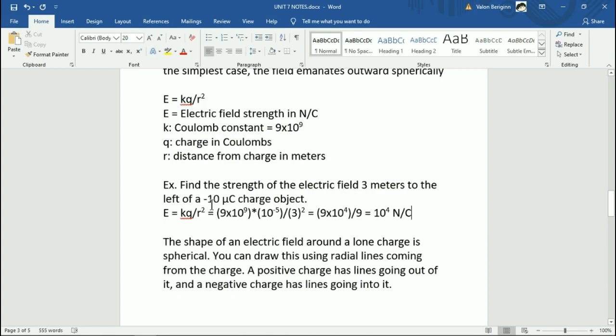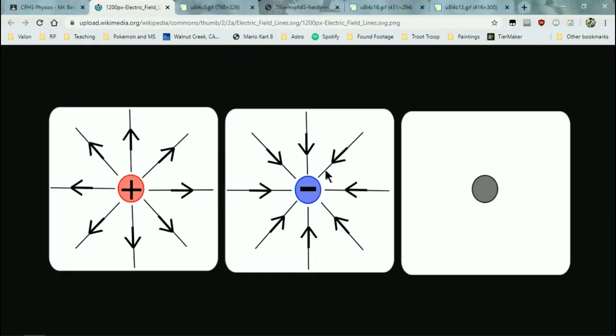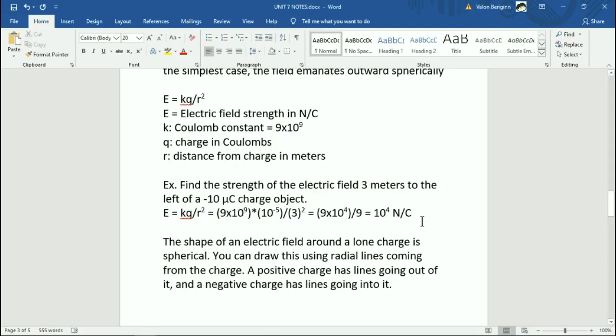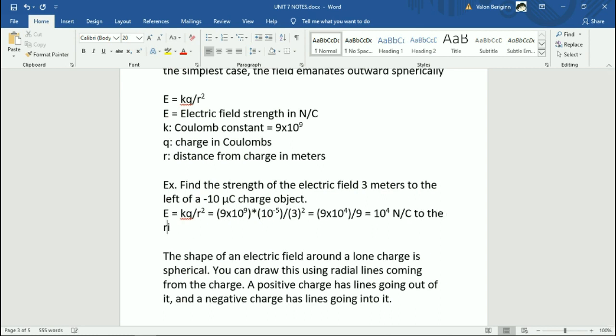Well, it's a negative charge, which means its field is going to look like this. So if we are to the left of this negative charge, which direction is the field? To the right. The direction of the field is in the direction of the arrows. So this is where we have to think about this. The full answer would be 10 to the 4 newtons per coulomb to the right.